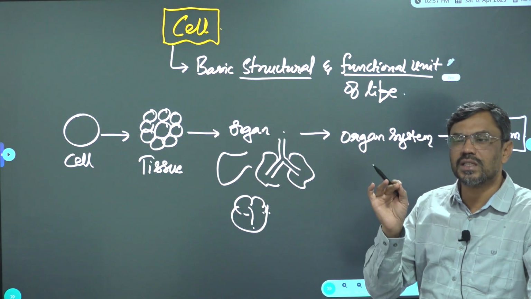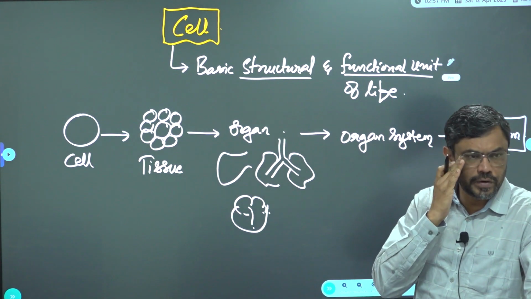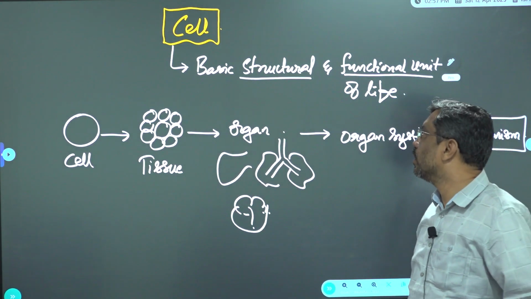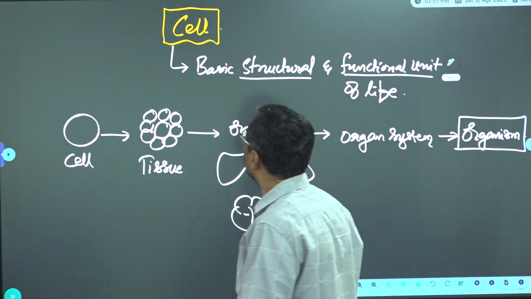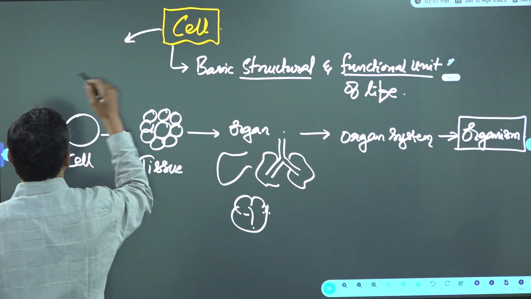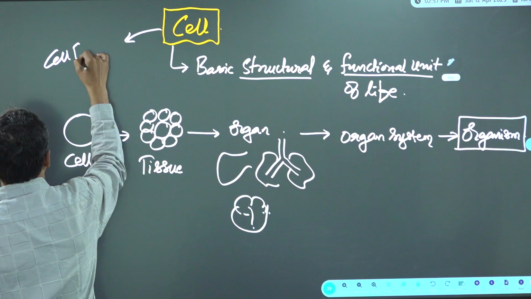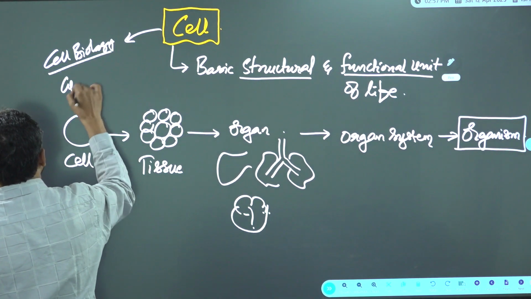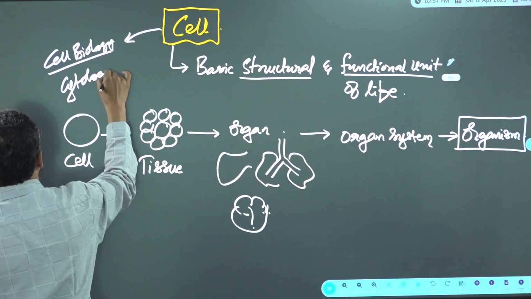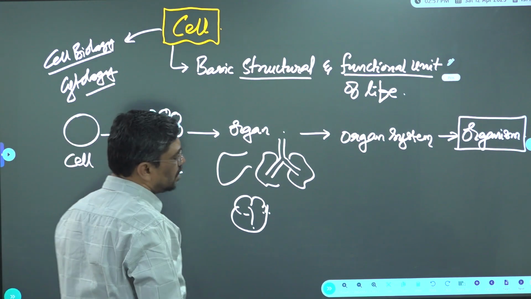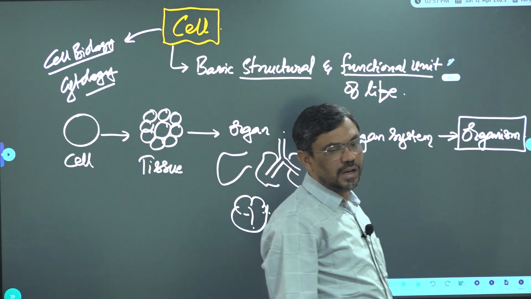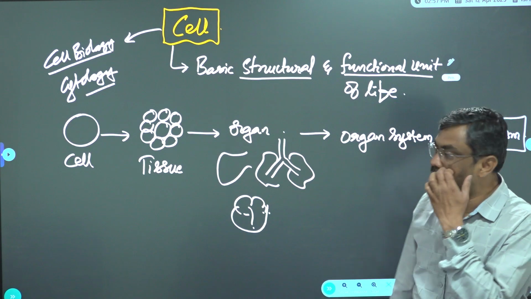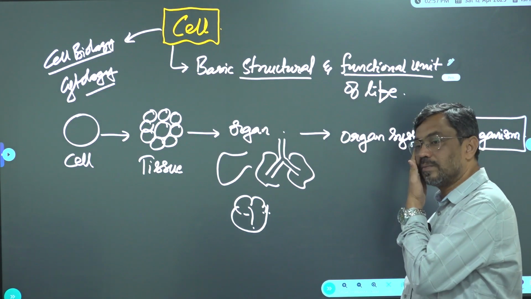That's why the cell is considered the functional unit. And the study of the cell is called cell biology, or cytology. Study of the structural organization of the cell is called cell biology or cytology.